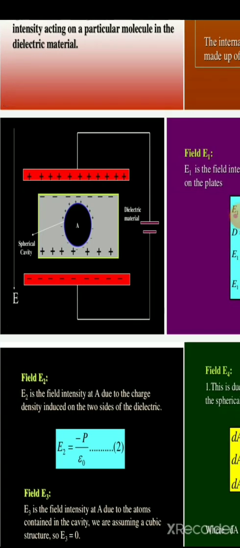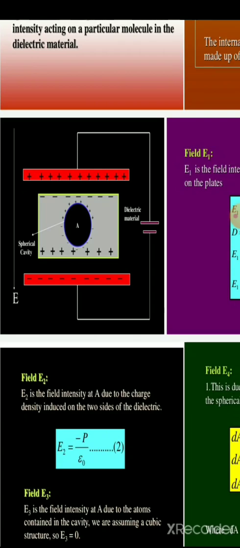Now this is the dielectric material. Here there are positive and negative charges. In the middle is the atom between the capacitor's parallel plates, and here we also have the electric field.